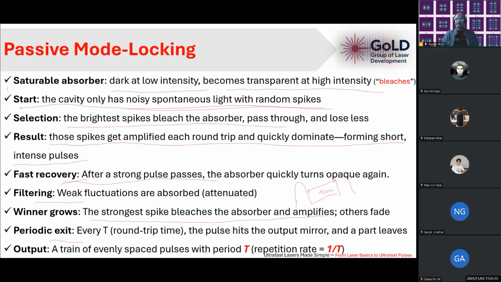And this we call the duration of the pulse, for how long the pulse stays. If we say ultrashort pulses, then it must be picosecond or femtosecond. Attosecond is a different story. And this repetition rate depends on the length of the cavity and other things.